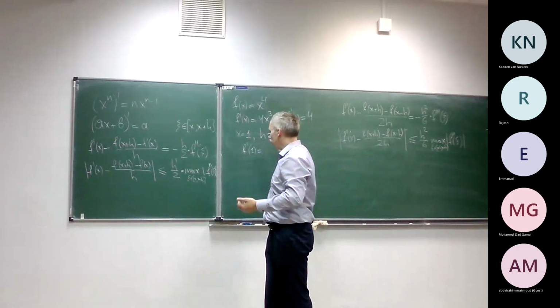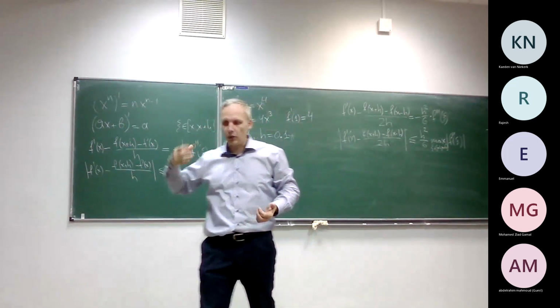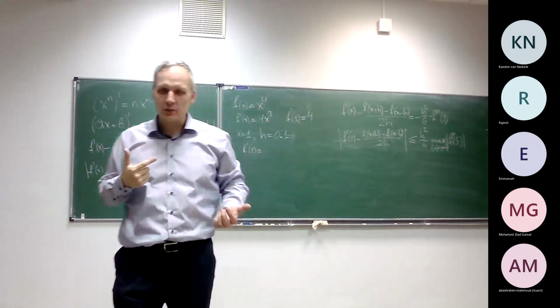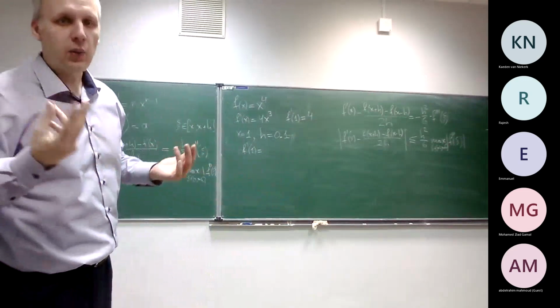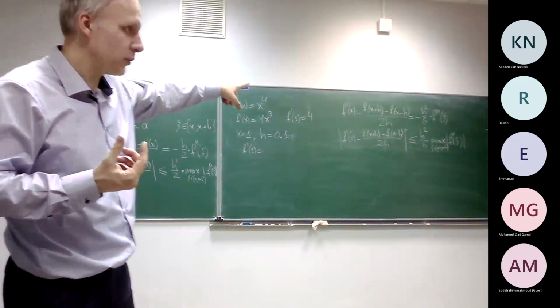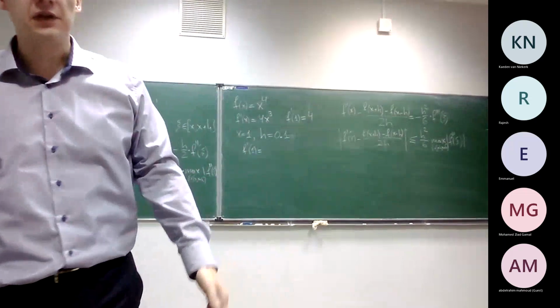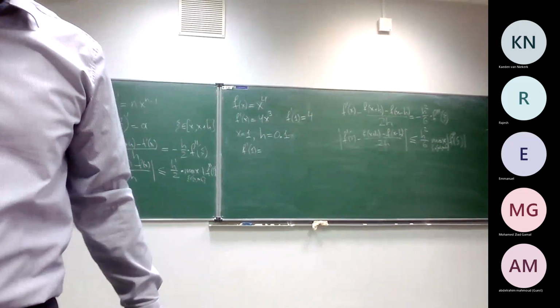And if h is 0.1, h squared will be 10 times smaller. That's why we can expect that this formula will be significantly more accurate in comparison with the previous one.